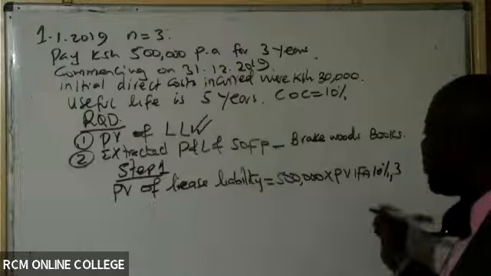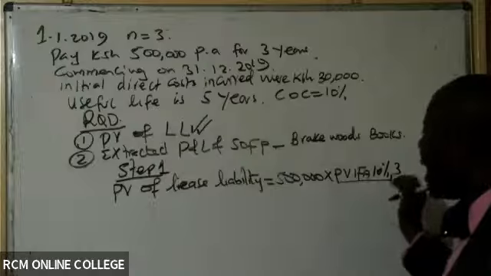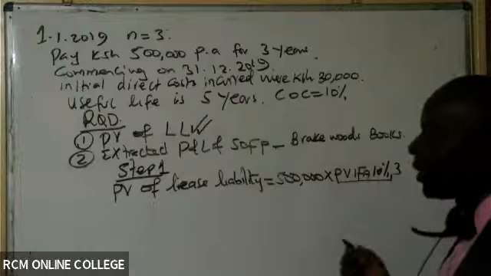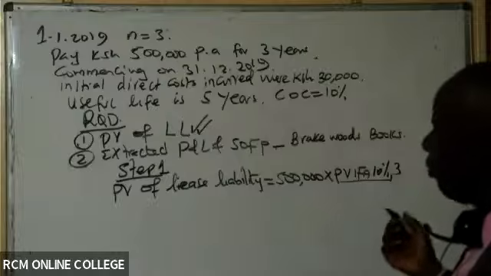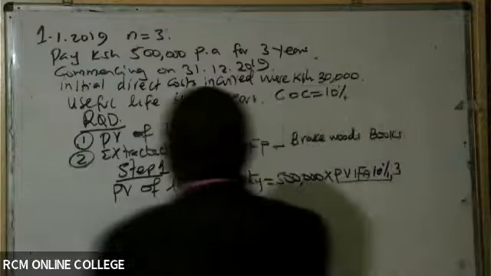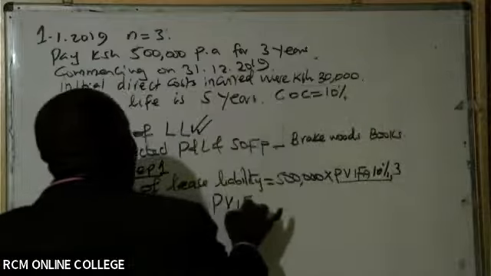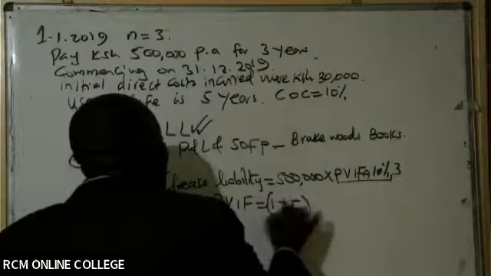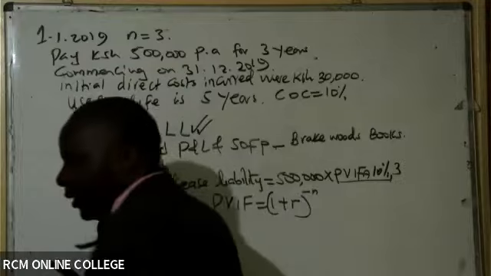In some cases, your examiner will give you annuity tables, but in most cases, your examiner will want you to compute the PV-FA. And we are bright students because we know that PV is 1 plus R raised to negative n, for the lump sum.